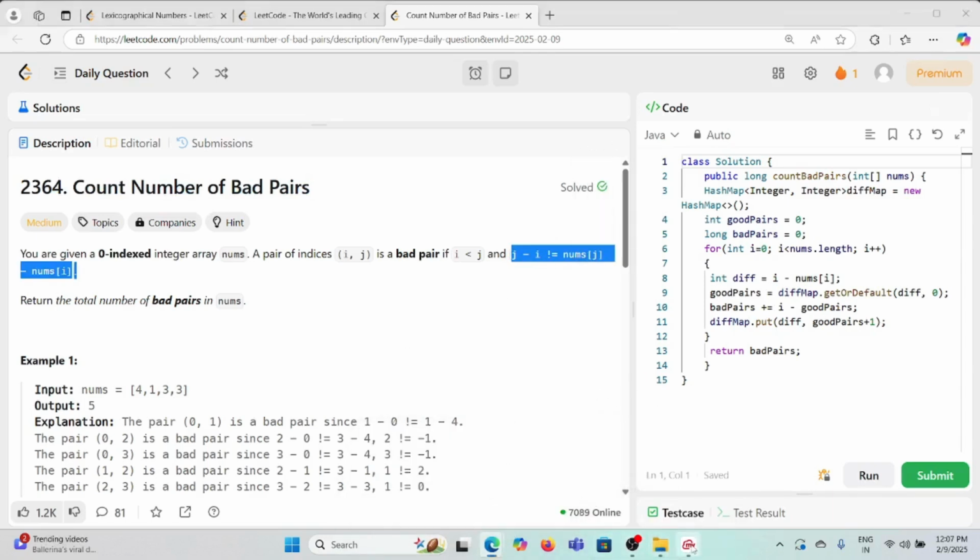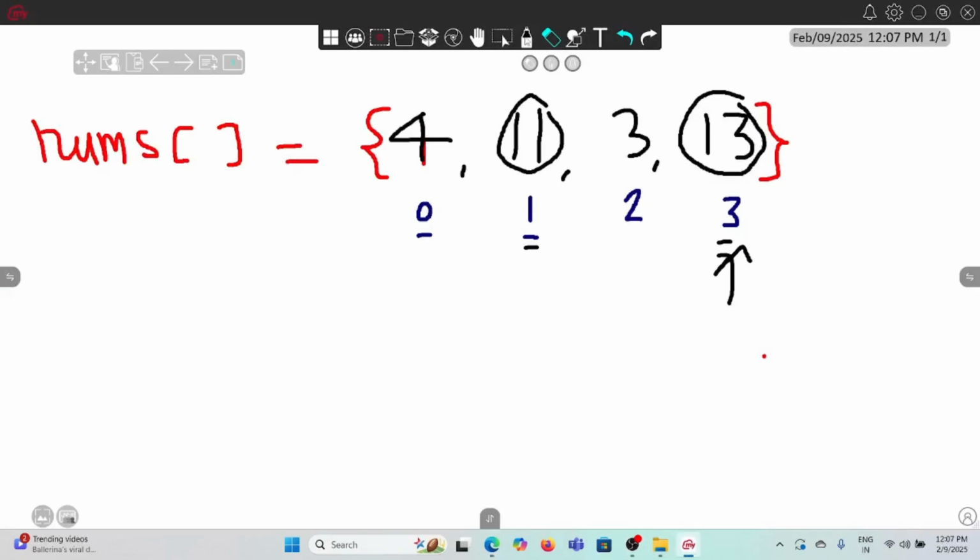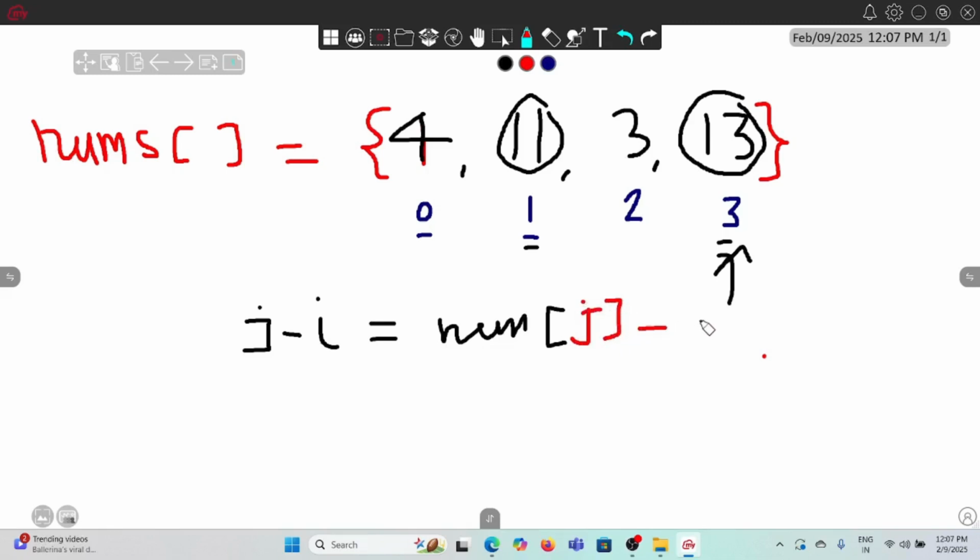For a good pair, j minus i should be equal to nums[j] minus nums[i]. This is what a good pair is, when they are equal.